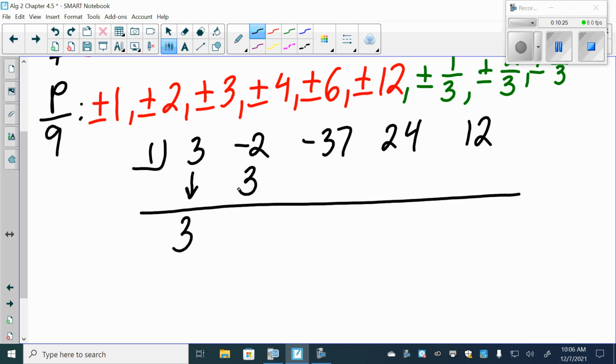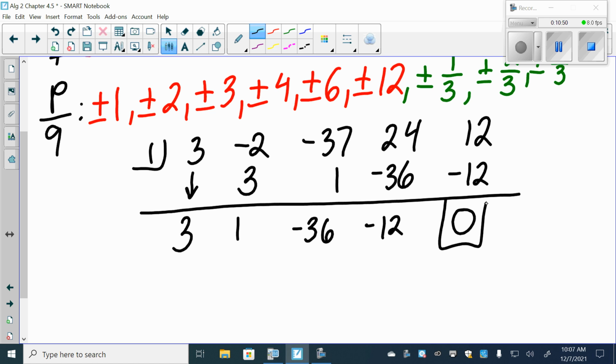Negative 2 plus 3 is 1. 1 times 1 is 1. Negative 37 plus 1 is negative 36. 1 times negative 36 is negative 36. 24 plus negative 36 is negative 12. 1 times negative 12 is still negative 12. And 12 plus negative 12 is 0. Okay.